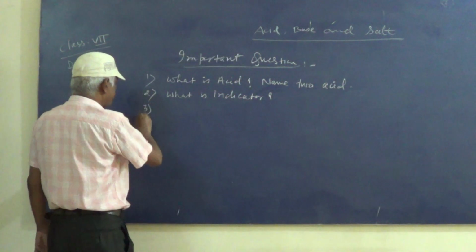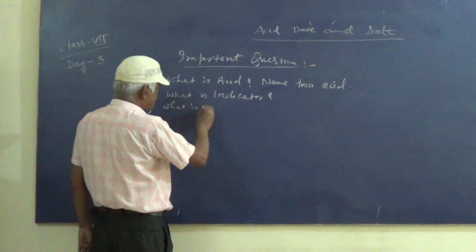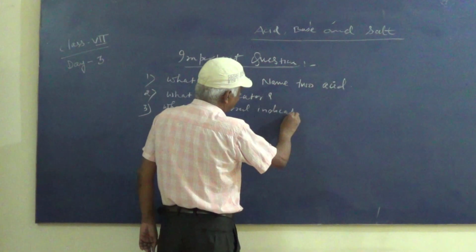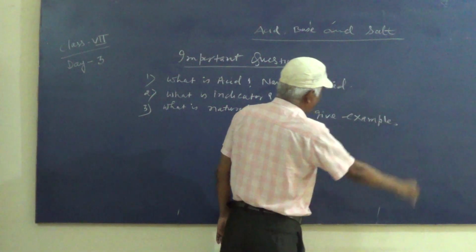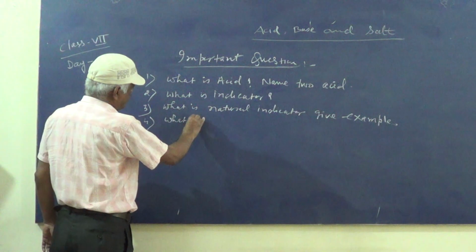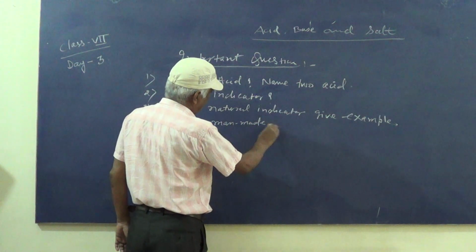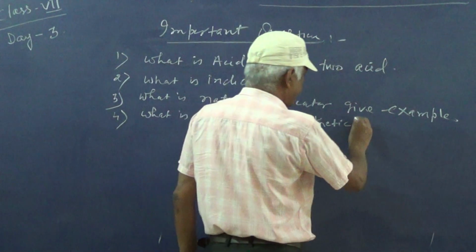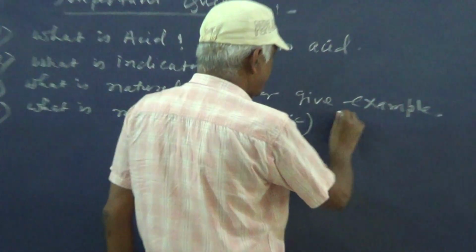Third question: what is natural indicator? Give example. Fourth question: what is man-made or synthetic indicator?